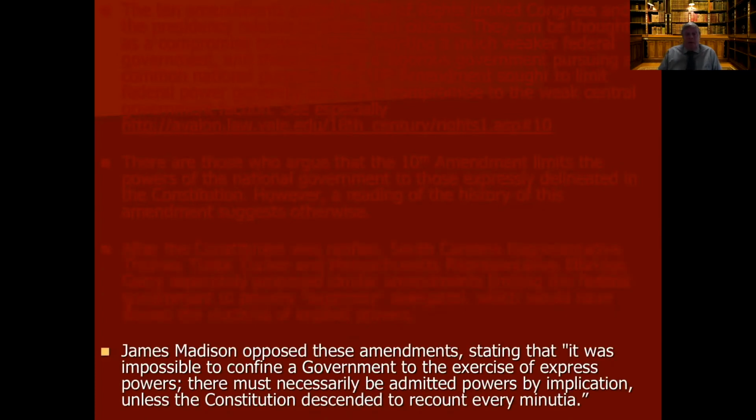James Madison opposed these amendments, stating it was impossible to confine a government to the exercise of express powers. There must necessarily be admitted powers by implication, unless the Constitution descended to recount every power in minutia.